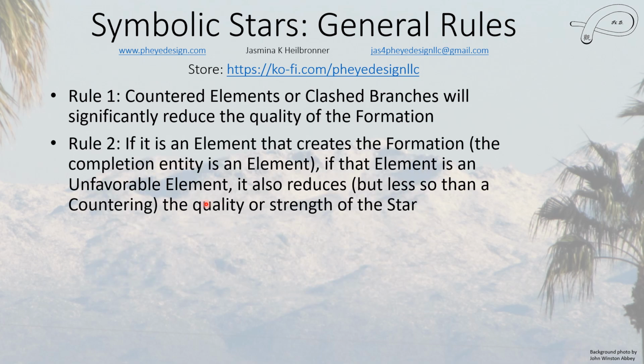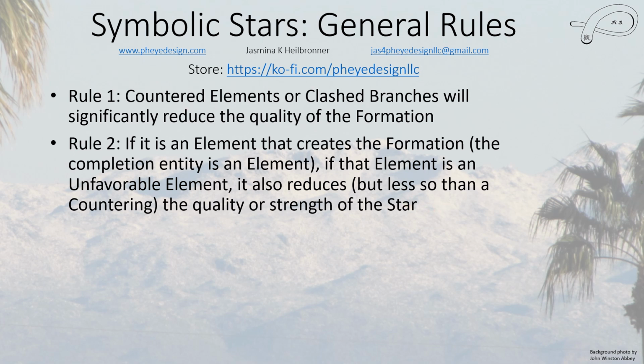Rule number 2, if an element that creates the formation, that is the completion entity, is an unfavorable element, it also reduces the quality or the strength of the star, but it's not as bad as if it were countered.